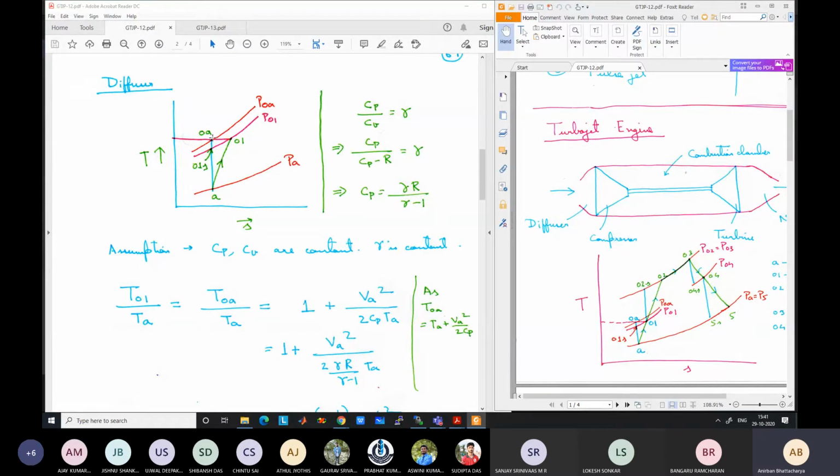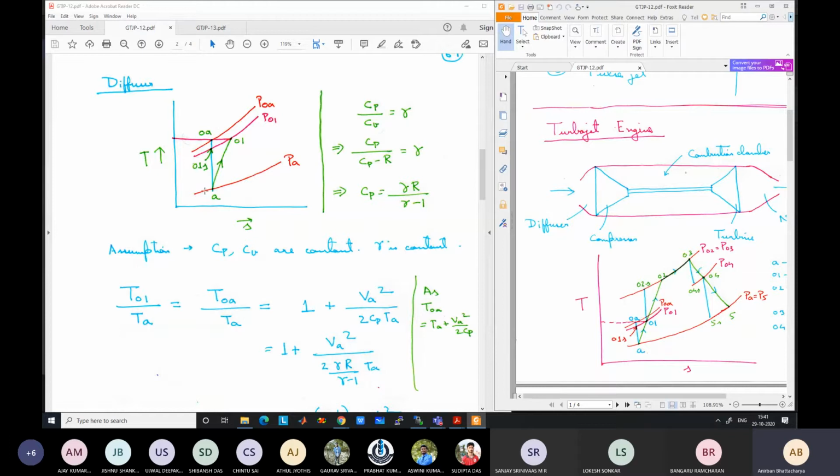If we consider an insulated diffuser, we can assume that the diffusion process is almost insulated because it's quite fast. So whatever heat is generated due to friction contributes to the temperature of the fluid itself. So the stagnation temperature does not change even if there is friction. It remains the same as T0A, but the stagnation pressure decreases because of frictional losses. There is a loss in pressure.